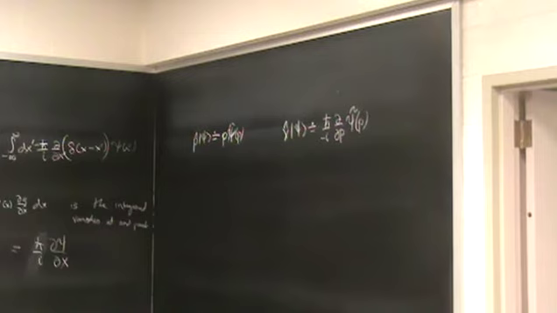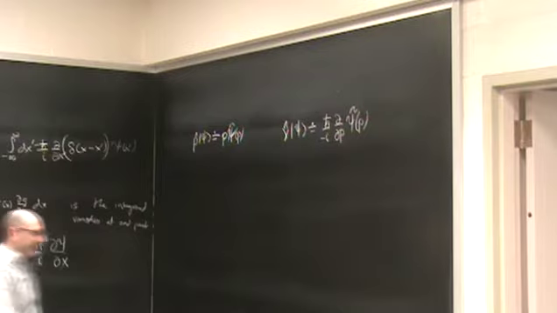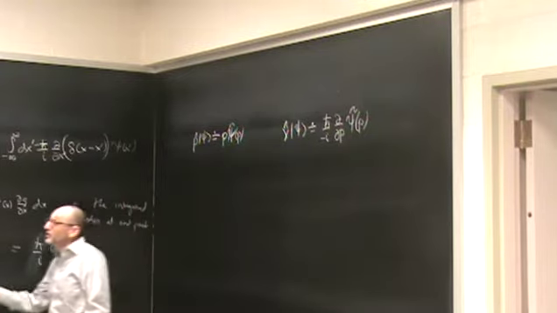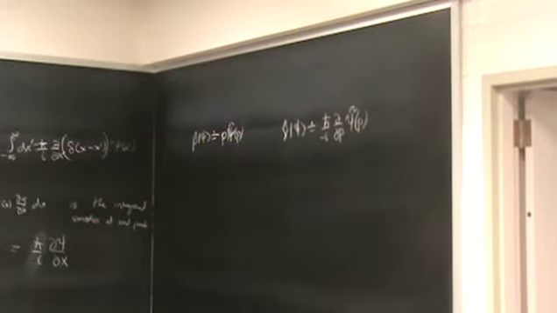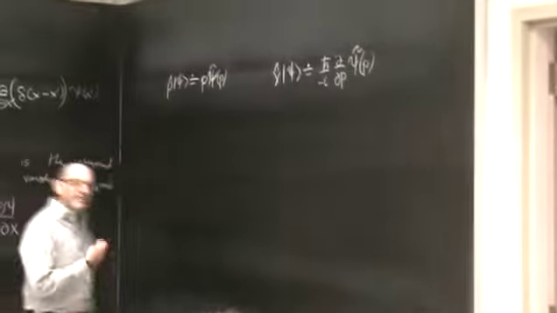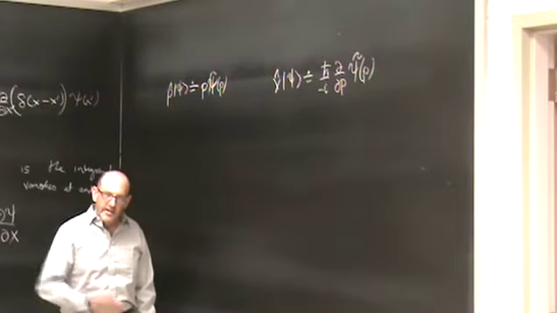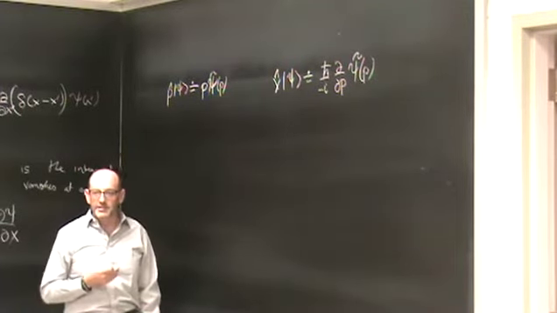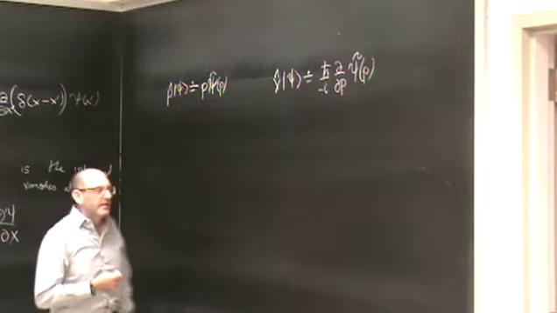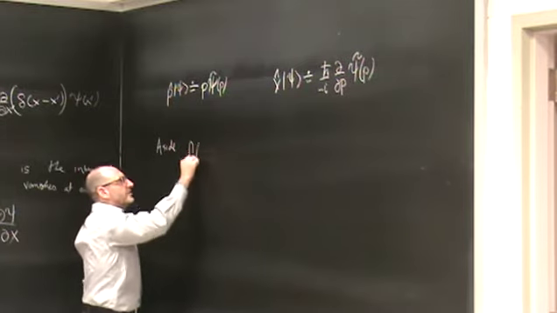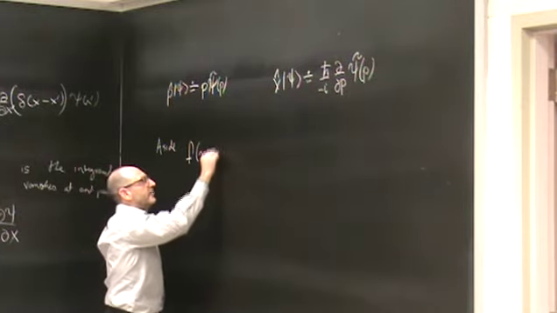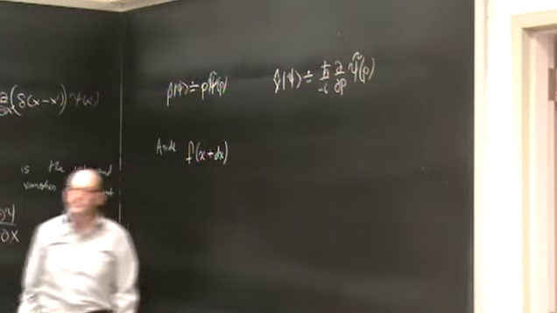Okay. Now, the fact that the momentum operator in position representation is the derivative should not surprise us. The reason it shouldn't surprise us is that momentum is the generator of translations in position. Suppose I have some function of position, and I translate it by a small amount dx.